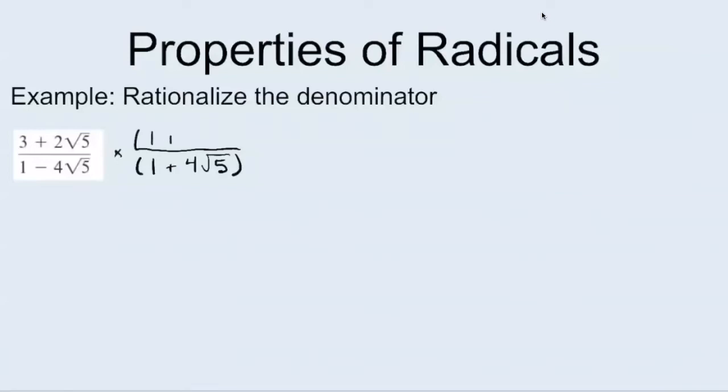So you multiply also the numerator by 1 plus 4 root 5. In this example, you're running into the scenario where you have to generate an integer denominator by using a conjugate.